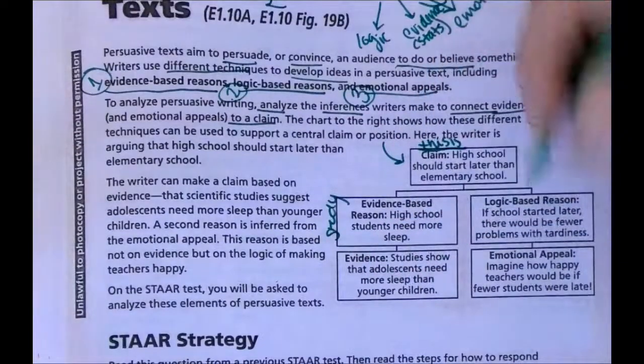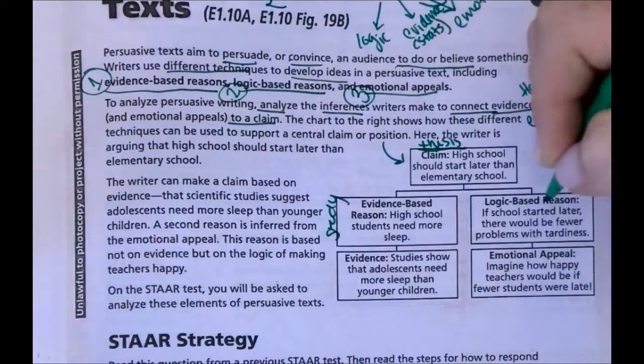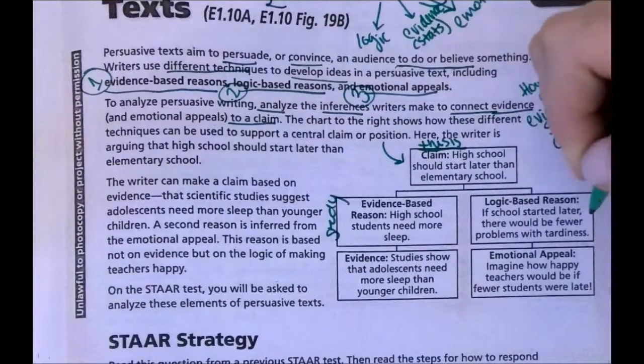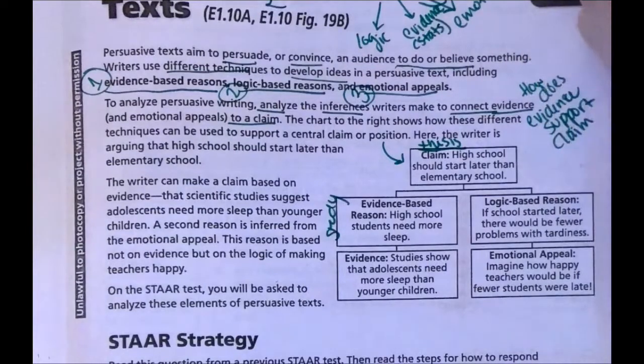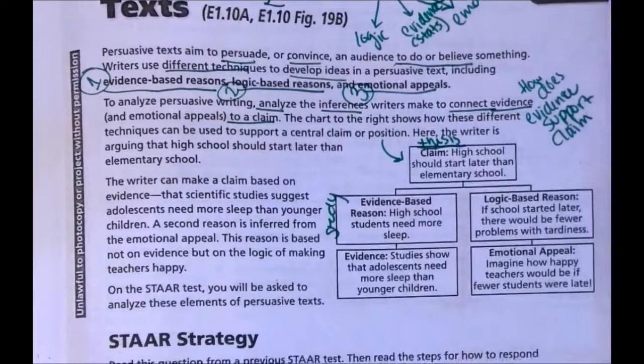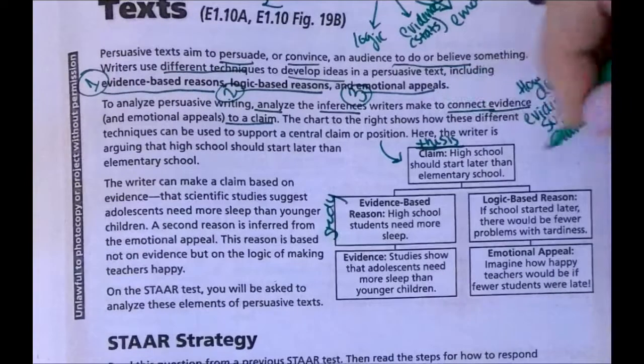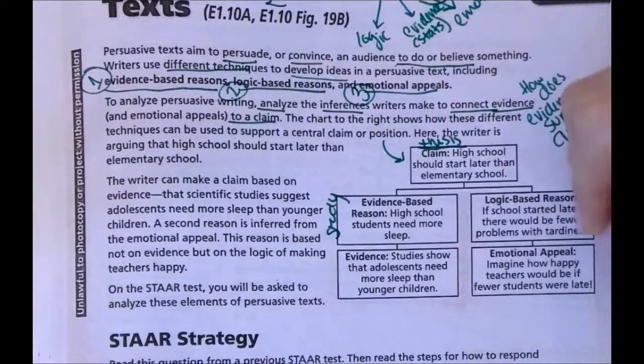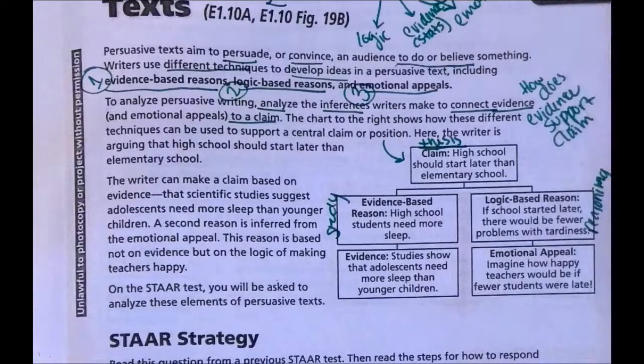Then we have a logic-based reason. If school started later, there would be fewer problems with tardiness. Well, that makes sense, right? The later school is, the less tardy people will tend to be. Hopefully, right? So a logic-based argument is just reasoning as to why.